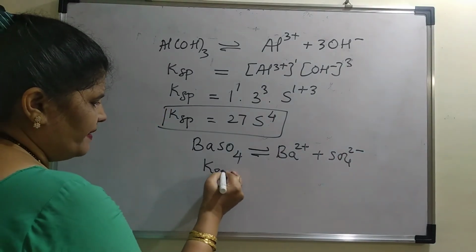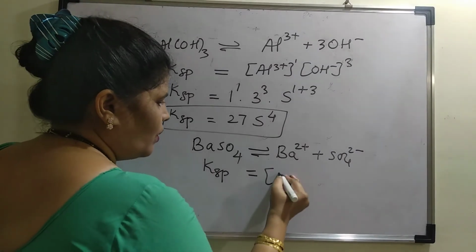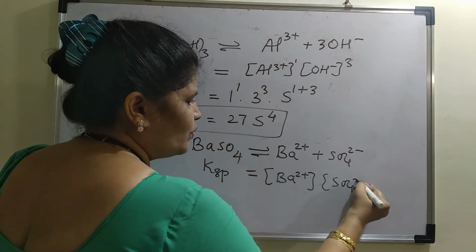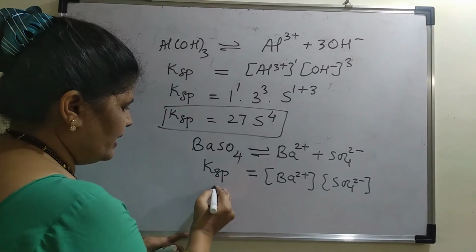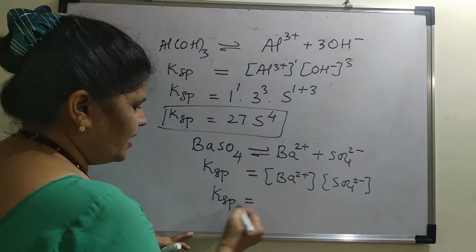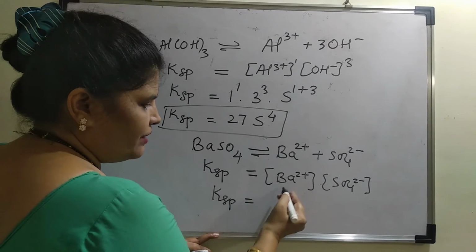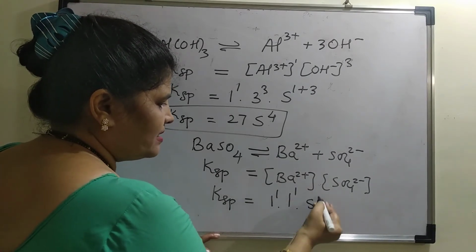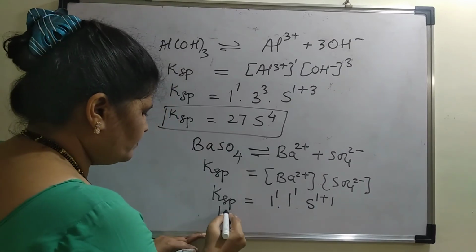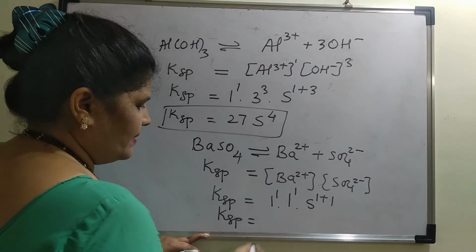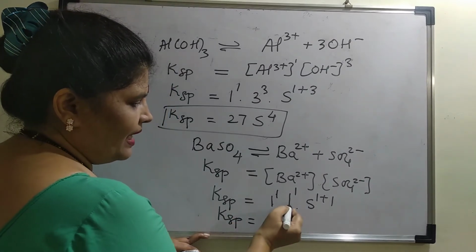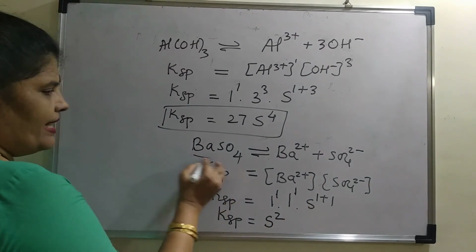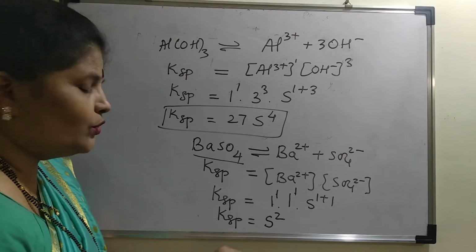Next, Ksp is equal to concentration of Ba2 plus times concentration of SO4 2 minus. Below this, Ksp is equal to, what will I get here? 1 raised to 1, 1 raised to 1, S to the power 1 plus 1. Ksp is equal to 1 raised to 1 is 1, 1 raised to 1 is 1, so it will be S square. So for barium sulfate, Ksp is equal to S square.